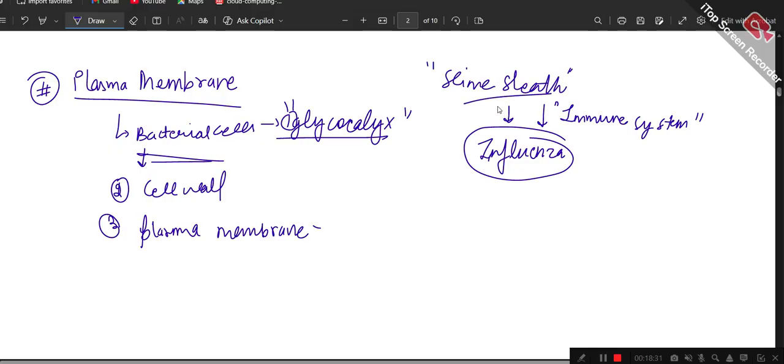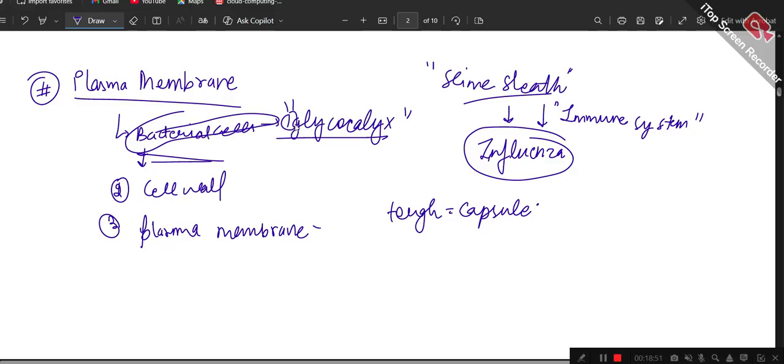There is another tough covering that could be found, which is called a capsule. These were some layers of the bacterial cell.